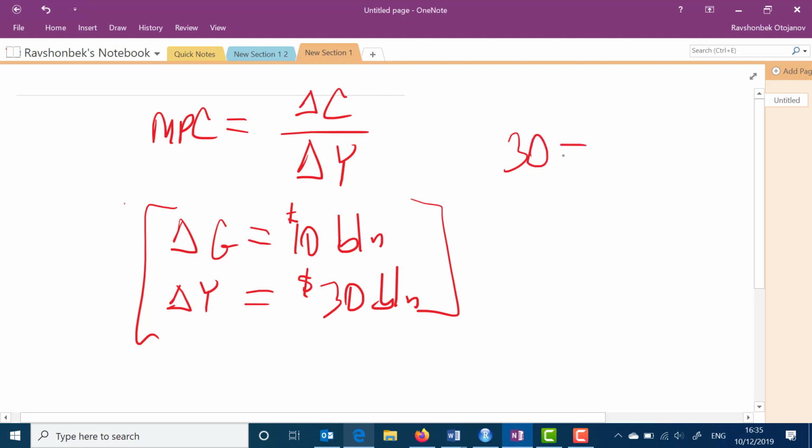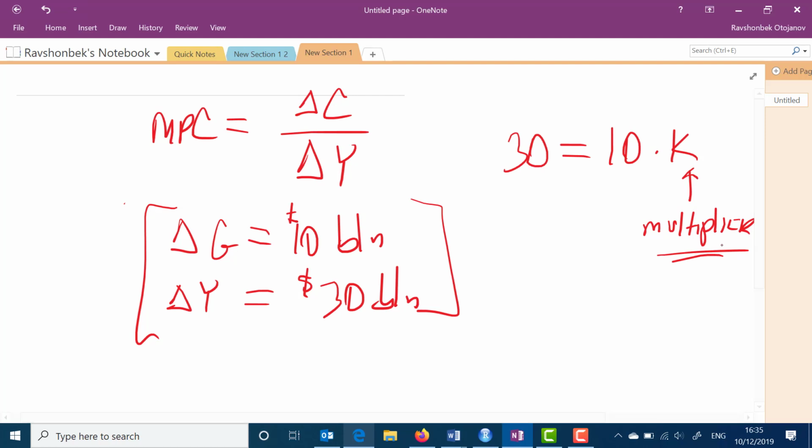Multiplier is basically 30 equals 10 times K. The K is the multiplier. It tells us by how much our GDP or total aggregate demand increased when we injected £1 into the economy. It's by how much our income multiplied when a pound was invested into the economy.